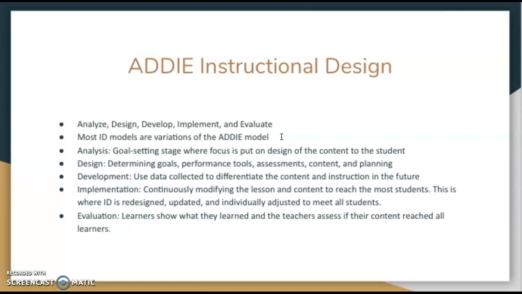This is where the instructional design is redesigned, updated. We do self-evaluations here, and then it's individually adjusted to meet all students, which is a form of differentiated instruction, universal design, and the multi-tier supports.